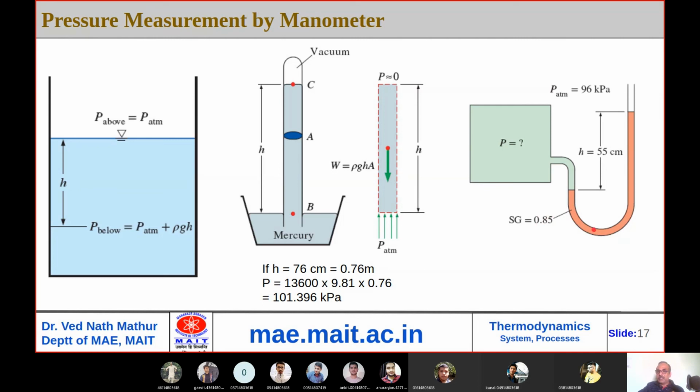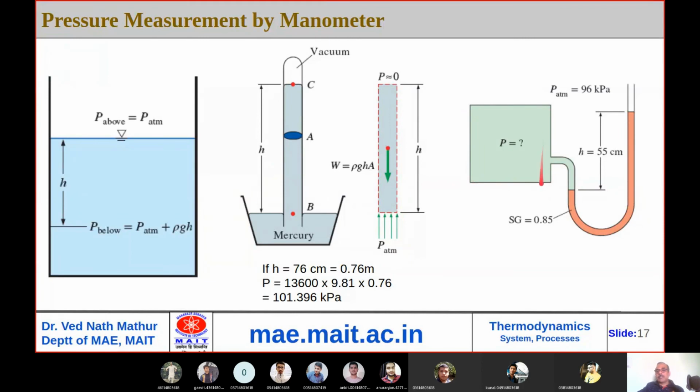Now, in this case, if the specific gravity is 0.85, then rho becomes 0.85 into 1000, g is 9.8, and H is 55 centimeter, divided by 1000, divided by 100 to convert it into meter. So that will give you the gauge pressure in this chamber.